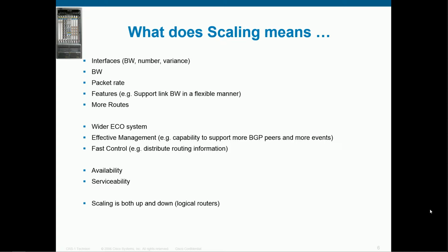Hence, think core layer of the internet. A better management, a better ecosystem, faster control, which means faster processing of our packets. It's available. It's really funny that when you say it's available, but it's made for high availability. If a portion of this unit goes down, it can still function.